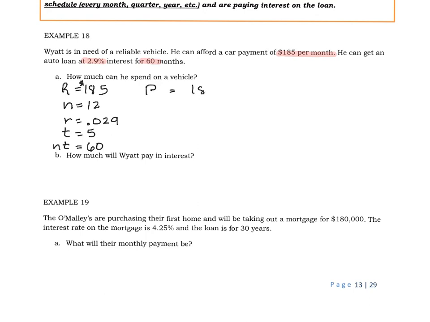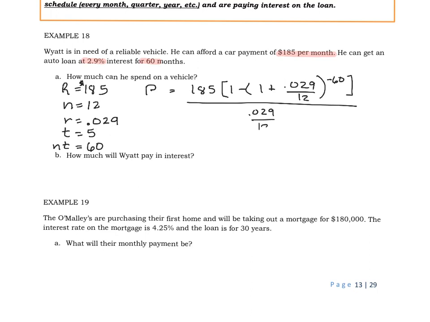So we want to know how much we can spend on our vehicle. So we have 185 times parentheses 1 minus parentheses 1 plus 0.029 divided by 12 raised to, I'm going to go ahead and put negative 60 because I know this is what my n times t is. Let's close that parentheses. Divided by 0.029 divided by 12. Again, if you have a fraction bar on your calculator, go ahead and calculate this as you see it.